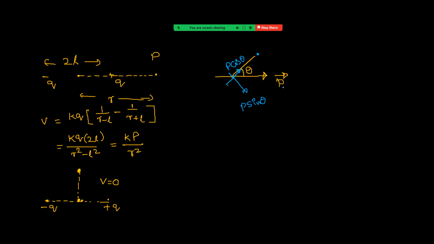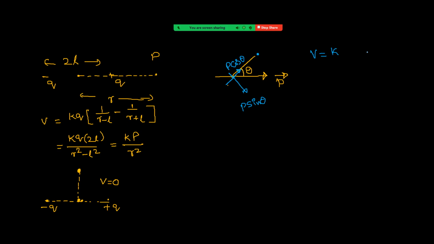So this p is a combination of two separate dipoles. For the first dipole, this point is on its axial line, so potential is V equal to kp by r square, using this result, with p cos theta in the place of p.